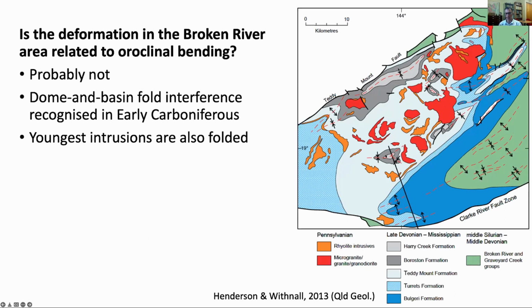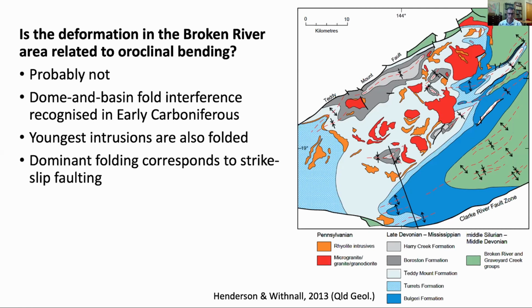Importantly, even the youngest intrusions, sill-like microgranites shown here in red and rhyolitic sills shown here in orange, are folded twice, basically indicating that the timing of the deformation must be younger than these intrusions, that could be late Carboniferous, Permian, or younger.